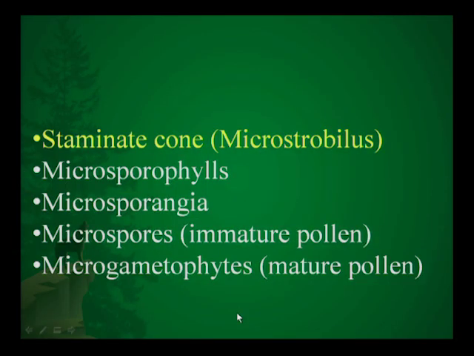So again, the male cone is also called a microstrobilus. It is a modified bud, so we have leaves here that are modified for producing spores. So this staminate cone then is also called a microstrobilus.